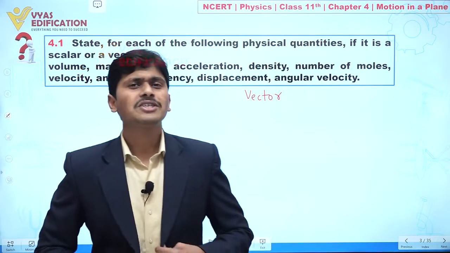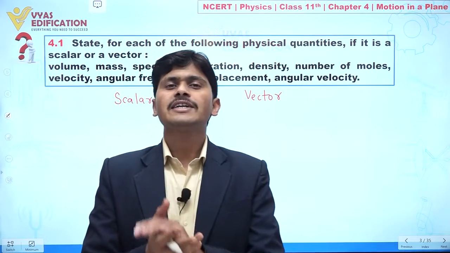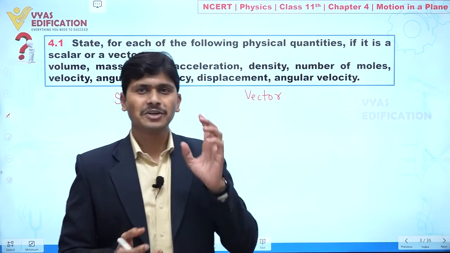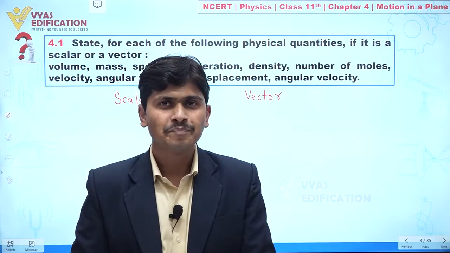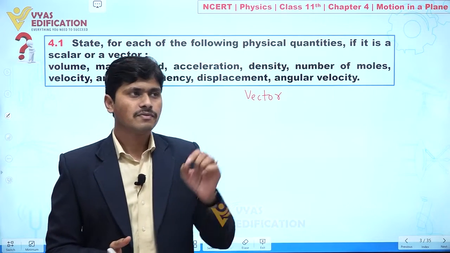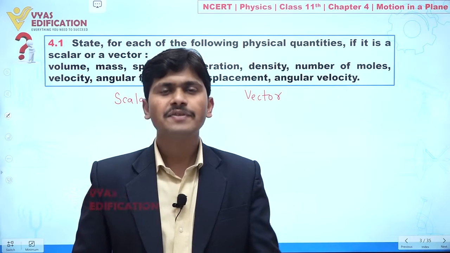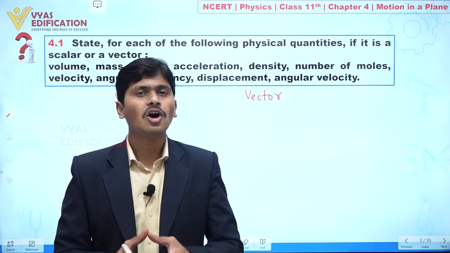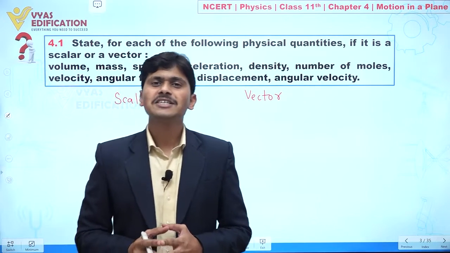Now dear students, do you know what scalar quantities are? Physical quantities that have a unit as well as a magnitude are scalar quantities. But in addition to magnitude and unit, if they have a direction as well and they follow the law of vector addition, then these physical quantities are known as vectors.